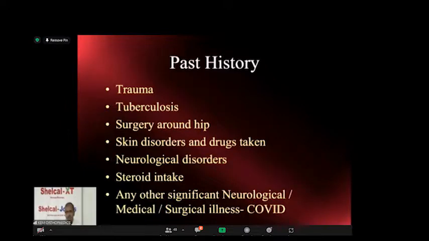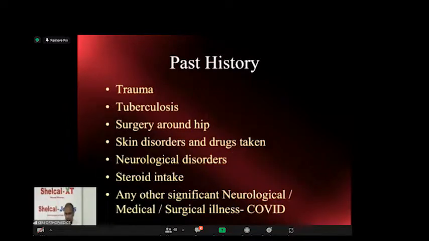Skin disorders and drugs taken, usually chronic conditions like skin disorders. Remember asthmatics, and remember any kidney affection. All these people take steroids. So from that, you can suspect the history of intake of steroids. Chronic skin conditions, chronic kidney conditions, and asthmatic patients.